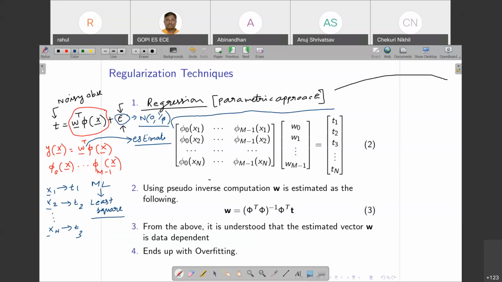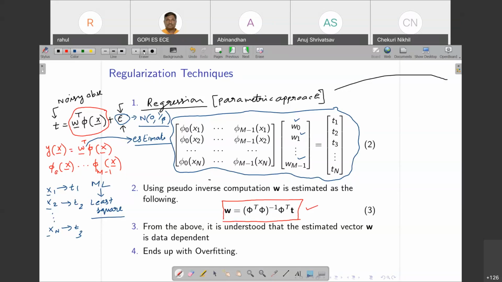We can get the weights W0, W1, all the way up to Wm minus 1. Using the projection theorem, W can be estimated as phi transpose phi, the whole inverse, times phi transpose t.